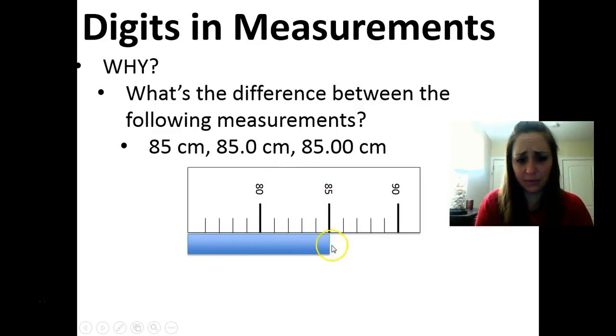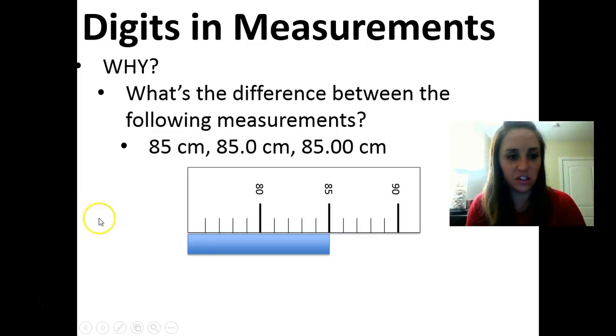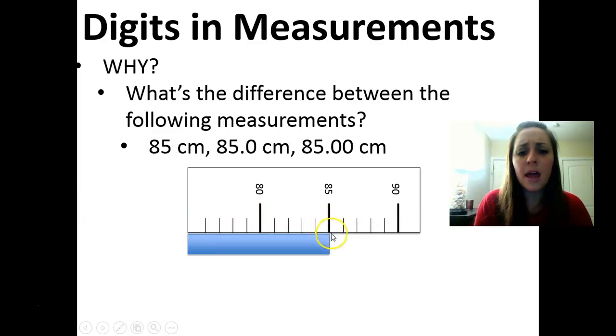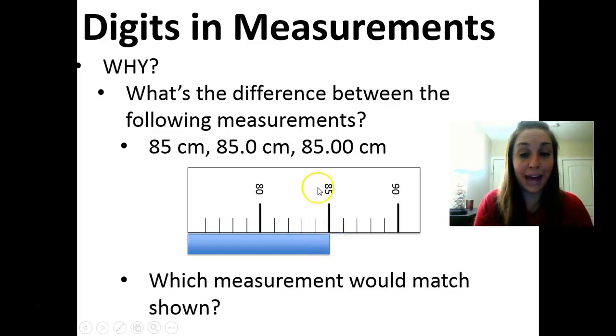If I was measuring something and it ended here, now obviously there's stuff happening here because you don't just start a ruler in the 80s, but if it ends here, you gotta think, which measurement would match what's shown? Well, I've got 80 marked, 85, 90. In between, I've got marks. So this is 81, 82, 83, 84, 85. I'm changing by the ones. So which of these measurements matches?